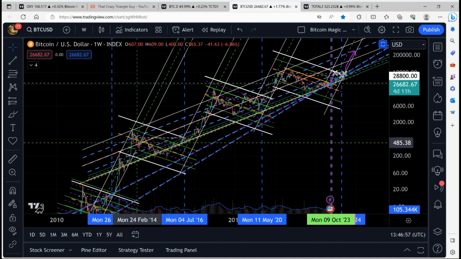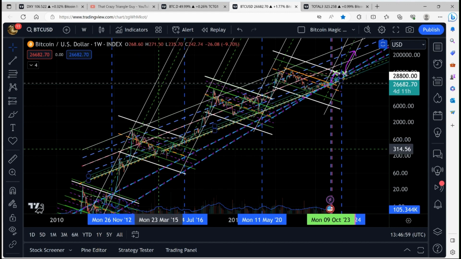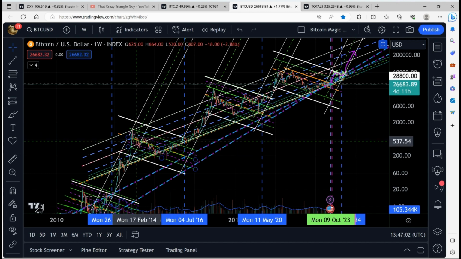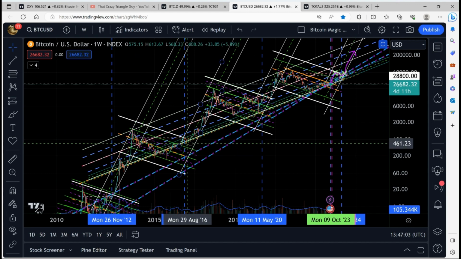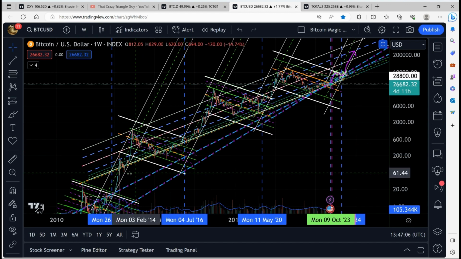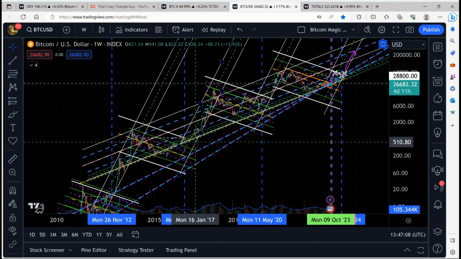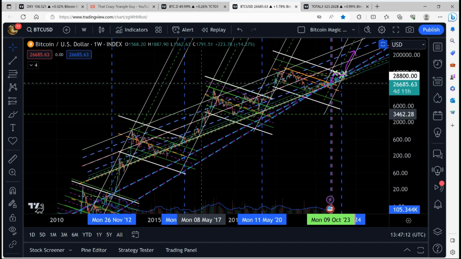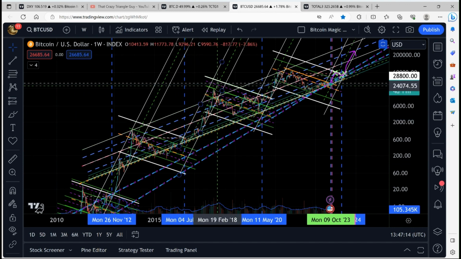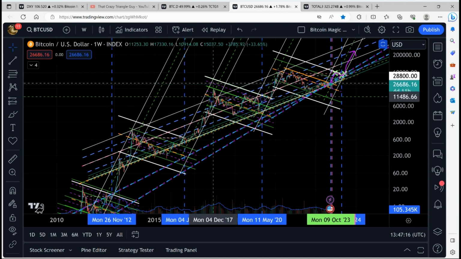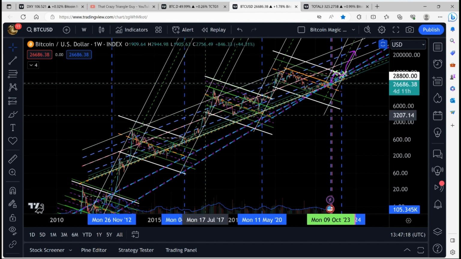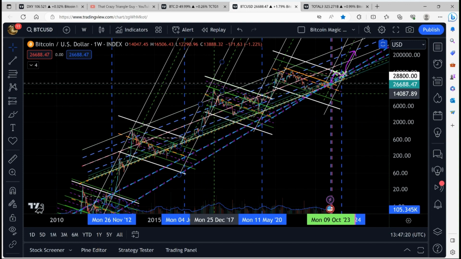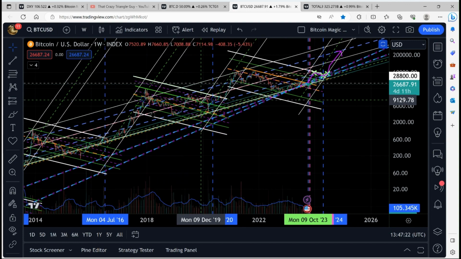Anyway, back to here. Price trades perfectly in these parallel channels in the bear, and these parallel channels in our parabolic bull market moves are all perfectly parallel with one another, and you can see price action within those channels.